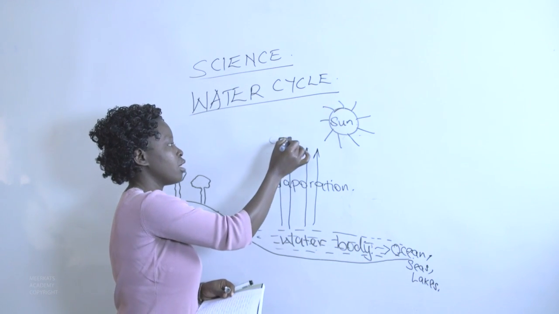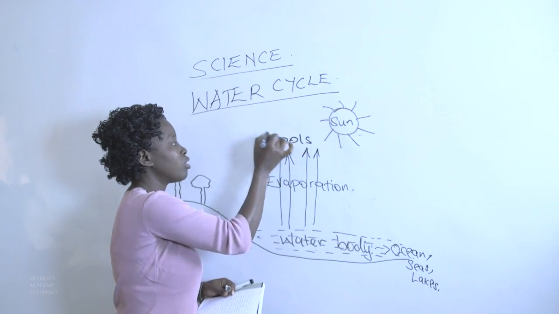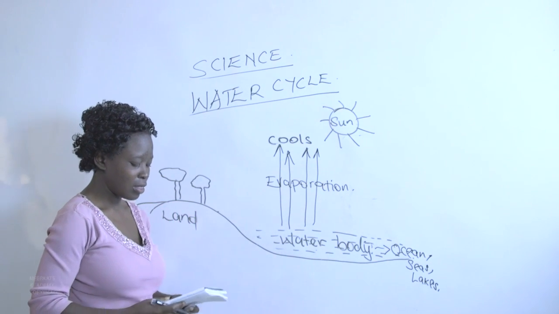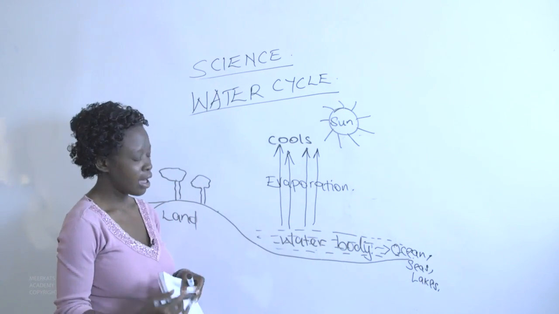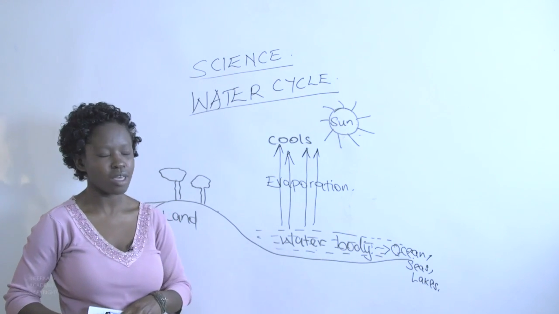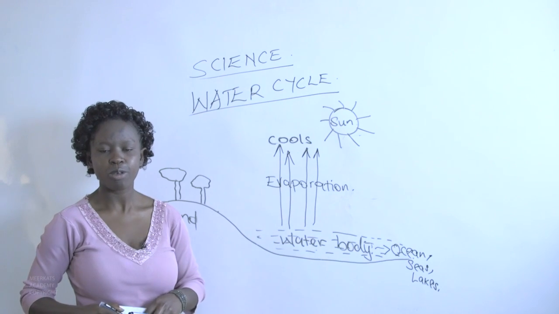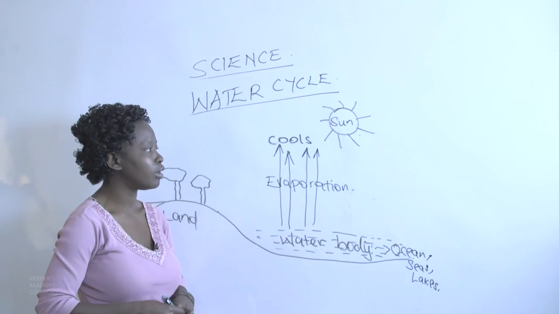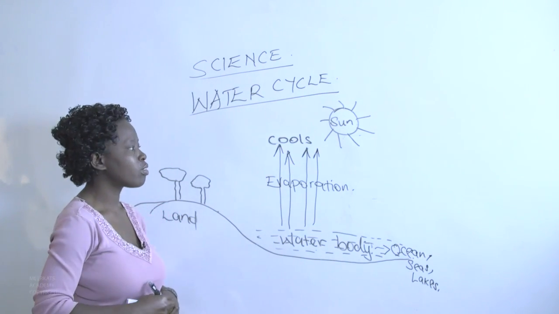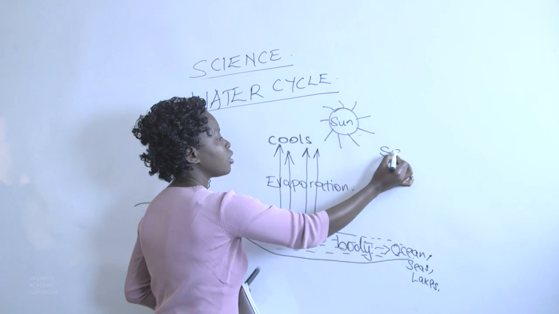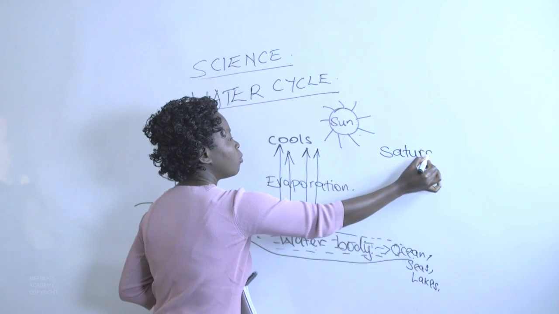So the water vapor cools, and there is a certain height where the air cannot hold the water vapor anymore. Since the air cannot hold the water vapor anymore, we say that this air has reached a point that is known as the saturation point.